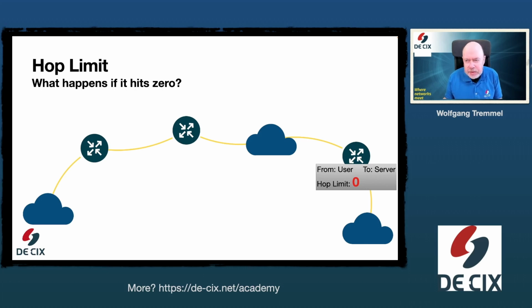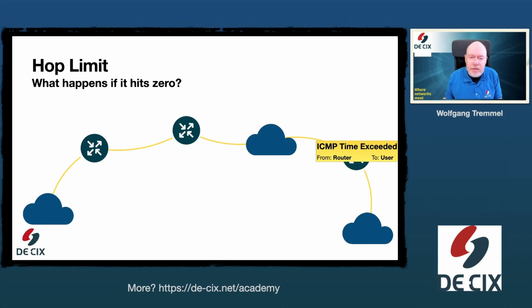So it must be discarded when the hop limit hits 0. The router discards the packet and creates an ICMP time exceeded packet, which is then sent back to the originator of the discarded packet with the source address of the router discarding the packet.